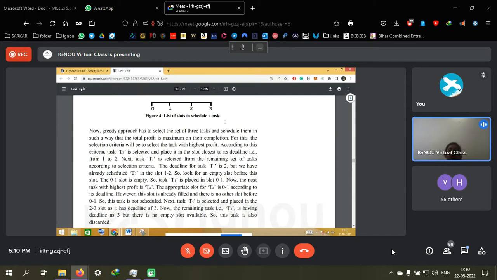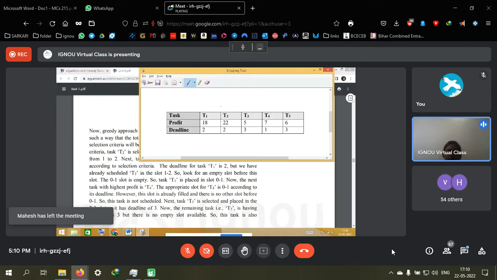So the selection criteria will be to select the task with the highest profit. According to this criteria, which task will you take first? That is T2. Now the next task, what do we have to select? We have to select T1.